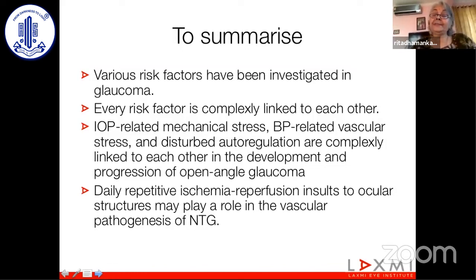Daily repetitive ischemia reperfusion insults to ocular structures might also play a role in the vascular pathogenesis of NTG. All in all, we've looked at so many risk factors, and there are a few factors other than intraocular pressure which we can definitely intervene on if you find that your patient with glaucoma is progressing despite being on his target intraocular pressure.